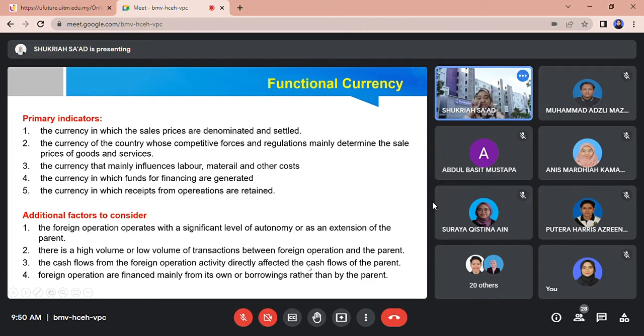Cash flow tu directly affect tak dengan cash flow of the parents. And then number 4 will be the finance. Sama ada dia get by their own ataupun is be given by the parents. Ini kita lihat dengan level of independency tadi, sama ada dia depends ataupun independence from the parents.